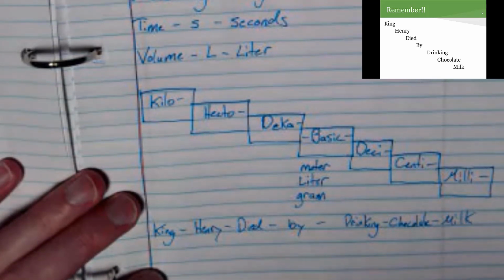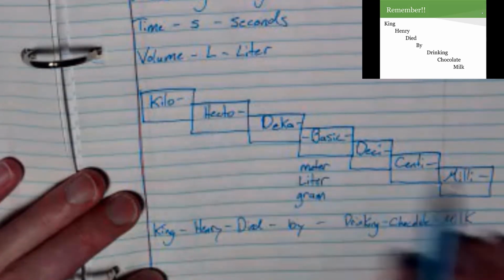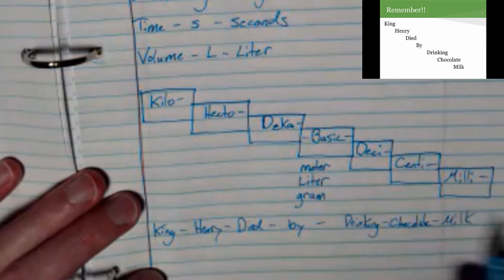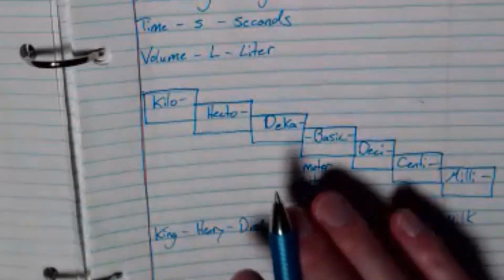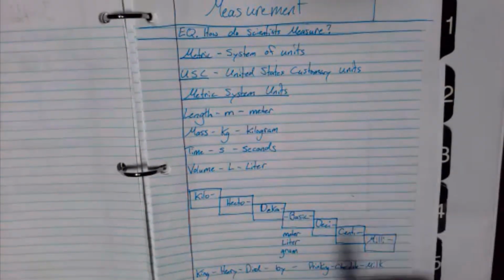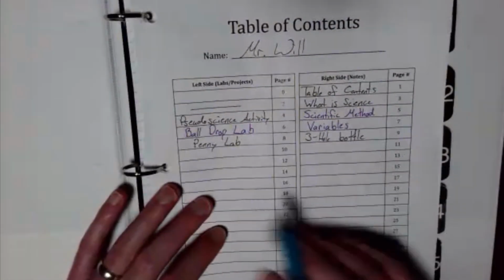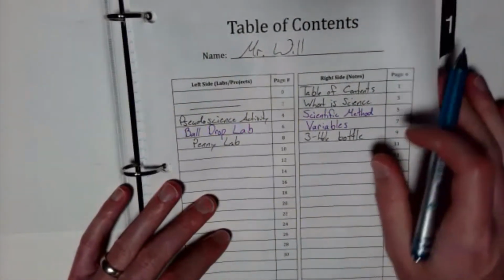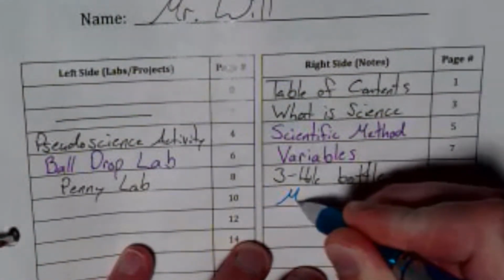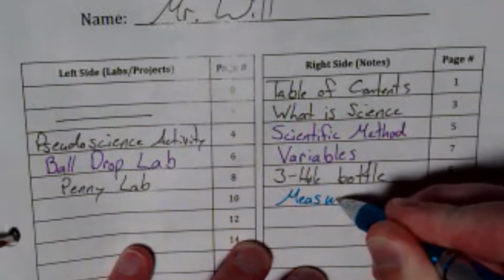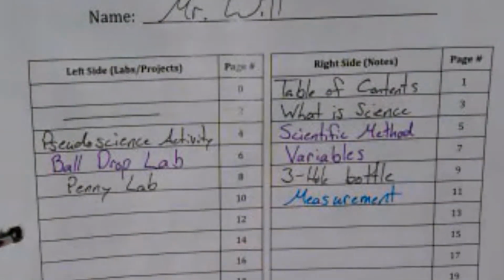So we're going to be doing a bunch of examples of how to use this stuff, but this will be a good reference for when you are actually doing it. Anyway, this is our notes. Take those down on page 11, and then we can add it to our page 11 here. So it was measurement, page 11.